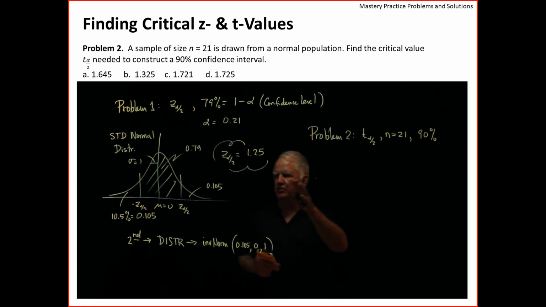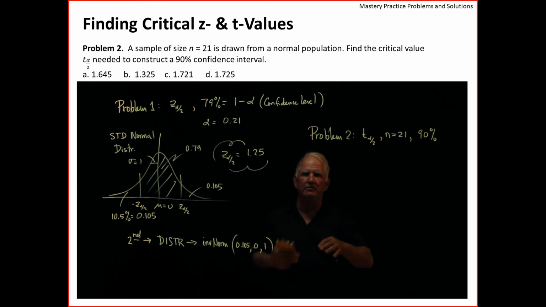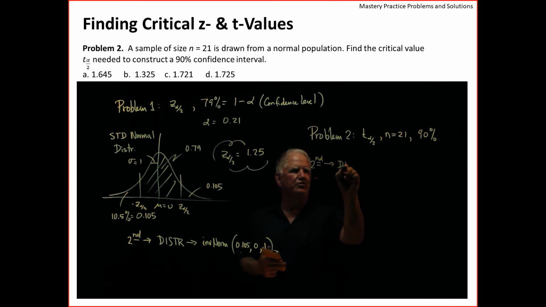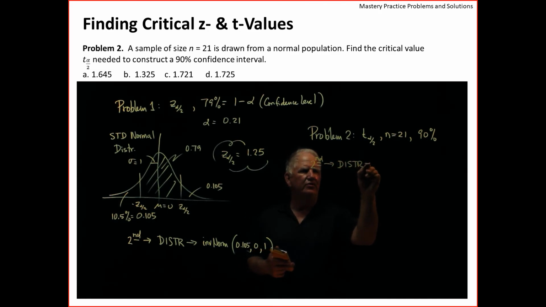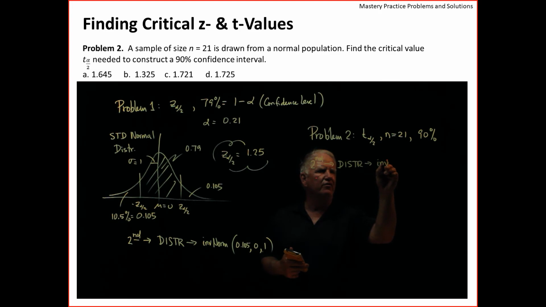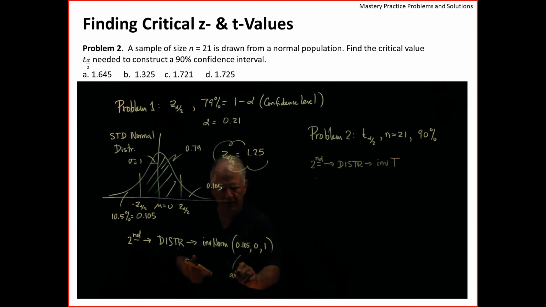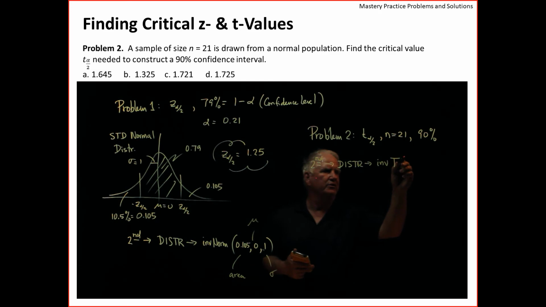And so let's just go ahead and do the exact same thing we did before, only for the student t. So in this case, I'm going to go second, distribution, but rather than going down to inverse norm, I'm going to go to inverse t. And whereas inverse norm looked for area, mu, and sigma, this argument is a little different.